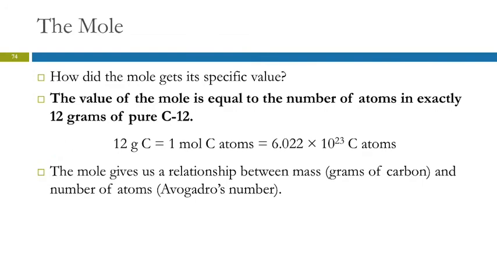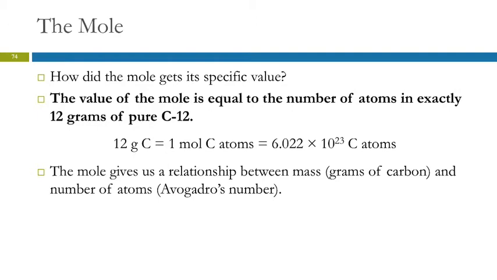Where did that number come from? Well, it's related to the definition of the atomic mass unit. The value of the mole is equal to the number of atoms in exactly 12 grams of pure carbon-12. Now, we referred to carbon-12 earlier, right? An atomic mass unit is 1/12 the mass of a carbon-12 atom.